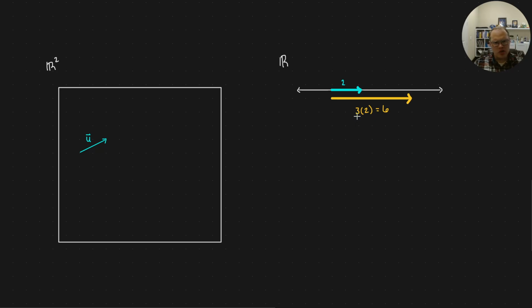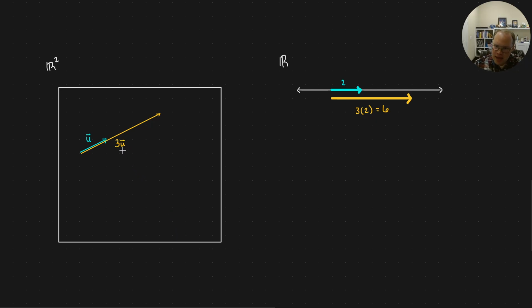But this kind of stretching operation, that does make sense. If I want to take a vector and stretch it so it's 3 times as long as it was before, then I could do something like this. 1 time as long as it was before, 2 times as long, 3 times as long. And that would be 3u.